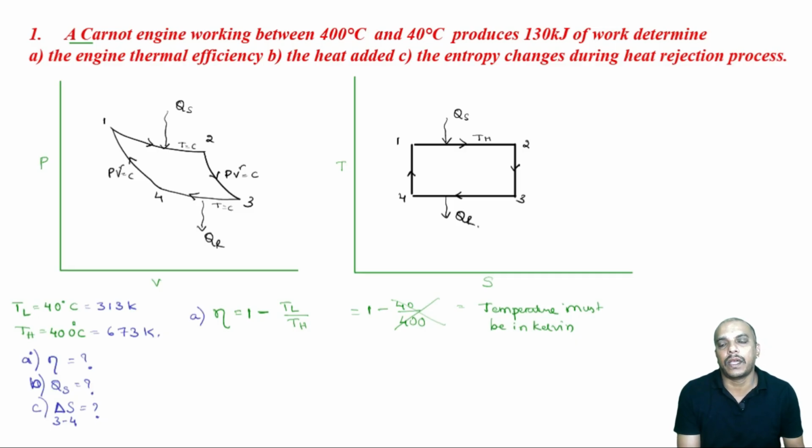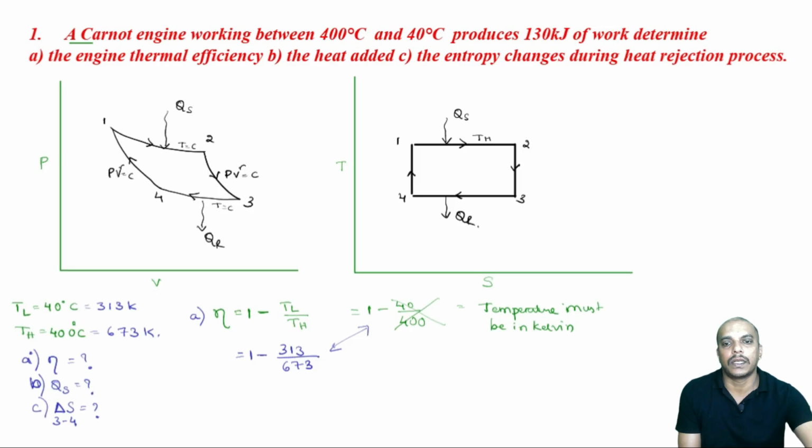We have already derived the equation for thermal efficiency of a Carnot engine, which is 1 minus TL by TH. Now, we will cross verify: 1 minus TL, which is 313, divided by TH, which is 673. What I am trying to tell is that these two answers are not going to be the same.